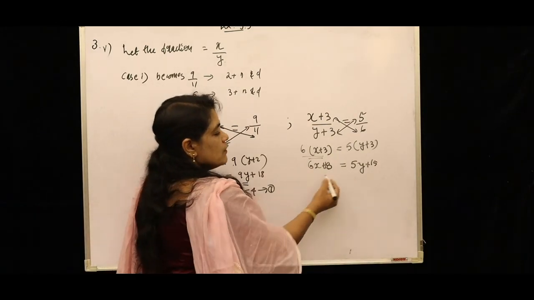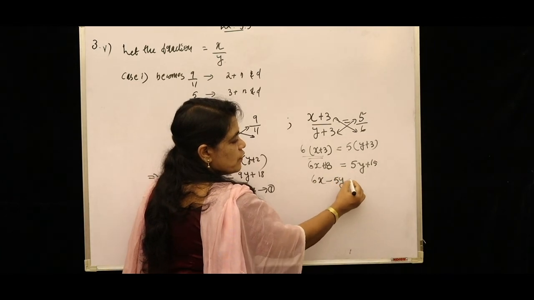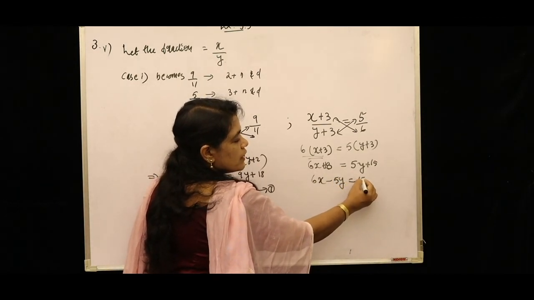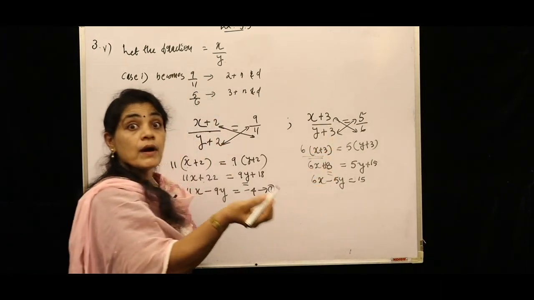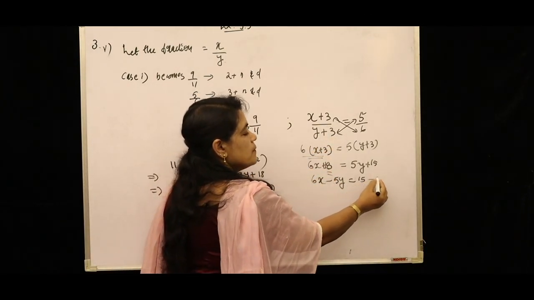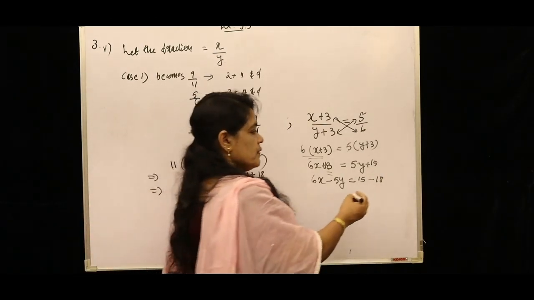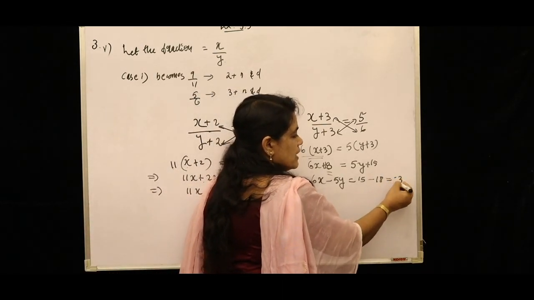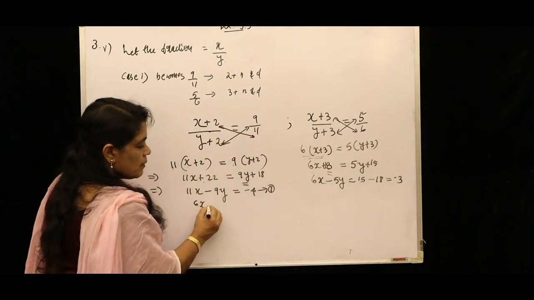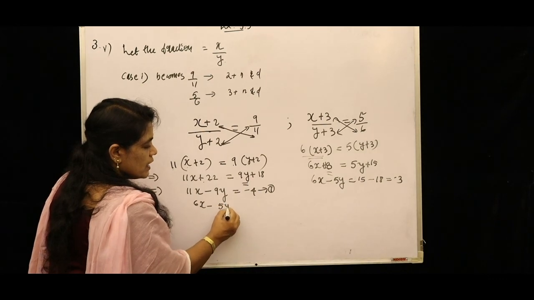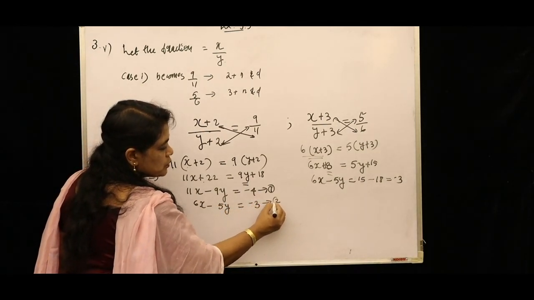So I am taking the variable term 5y to the LHS, so minus 5y. So 15 is already there in the RHS, and the constant plus 18 becomes minus 18 in the RHS. So 15 minus 18 is minus 3. Okay, so this is equal to minus 3. So what is equation number 2? 6x minus 5y equal to minus 3. This is equation number 2.